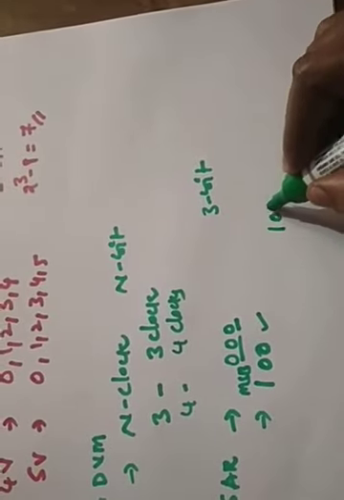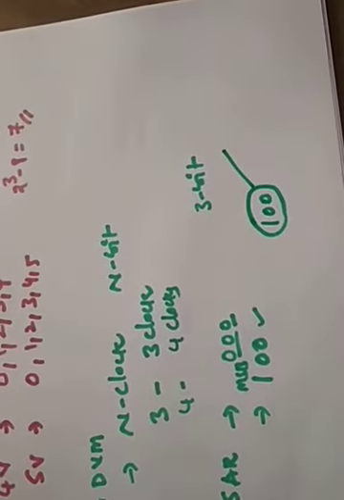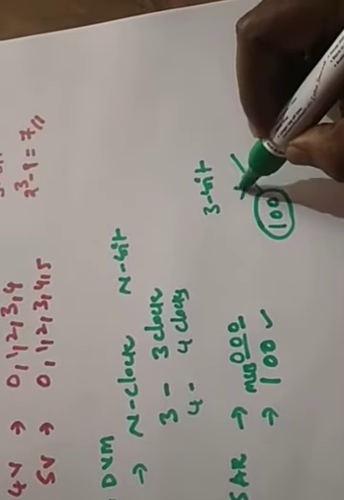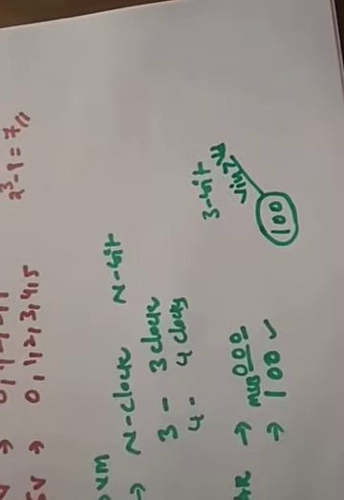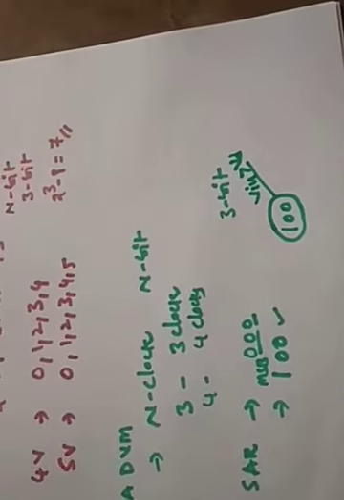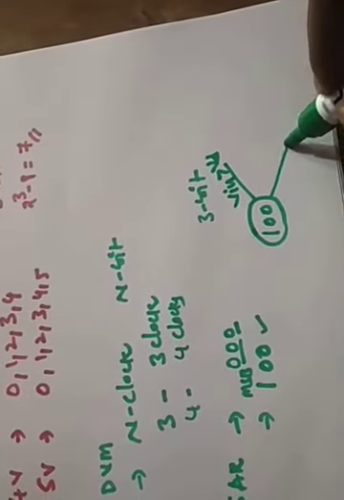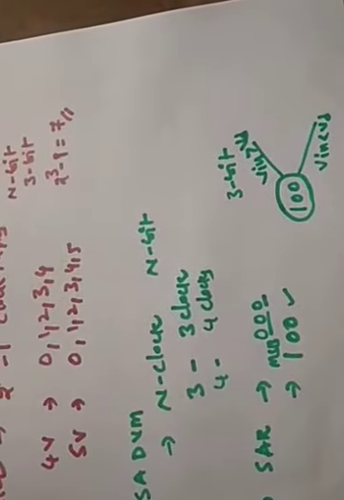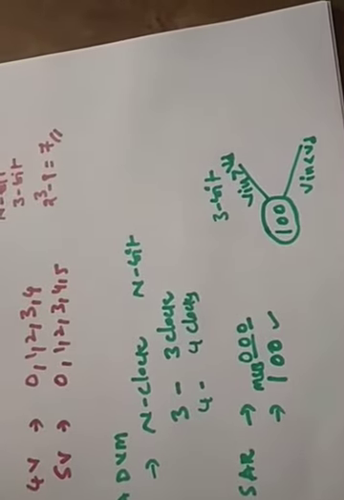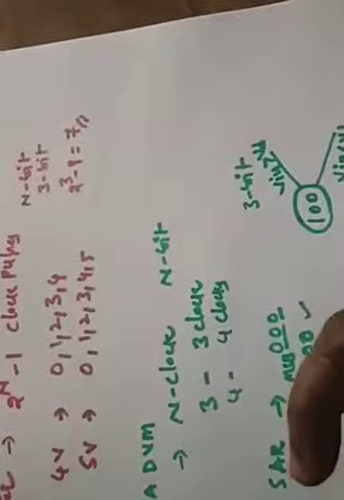After that, if it is 1, 0, 0, there will be 2 options. Your comparator will compare Vin, the applied voltage that you want to convert from analog signal to digital data, with Vd. Vd is the analog output coming from the digital to analog converter.